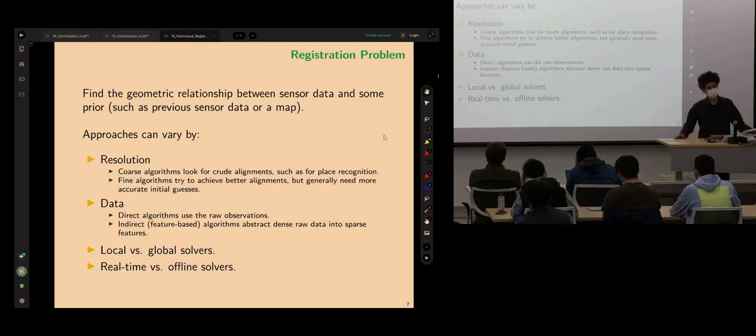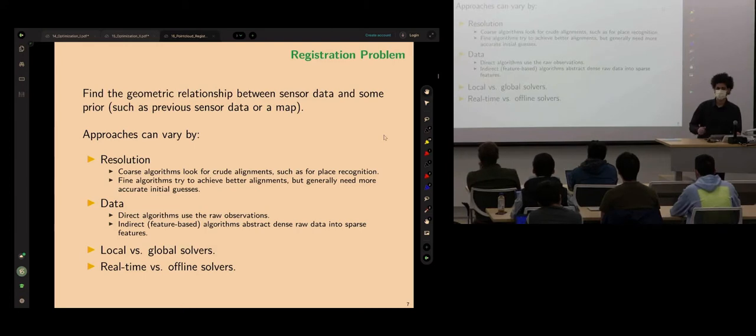So you can categorize the algorithms in several directions. One is the resolution of the registration. Some algorithms try to find the transformation in a rough sense. It's a coarse registration problem. And these are usually good when we want to get something quickly, maybe as a prior or some rough idea to solve a problem that does not require a very accurate registration for reconstruction.